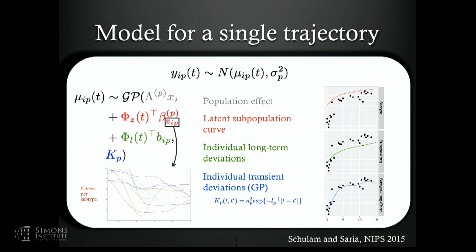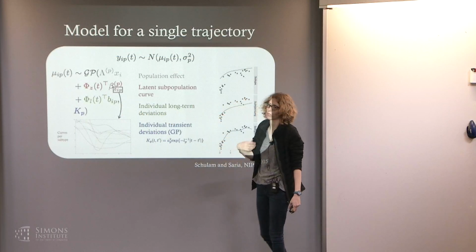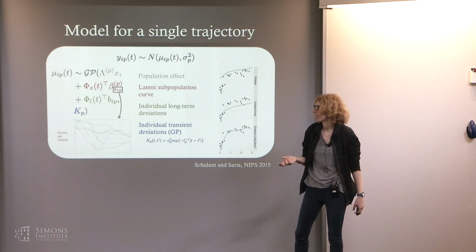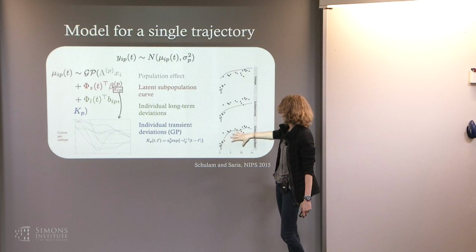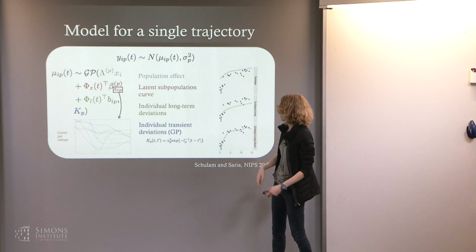It's likely to go down and then up, it's likely to tank, whatever, right? So you're assigned to one of these subpopulations, and there's a subpopulation effect on your curve. And then there's your individual long-term deviation. So like you as a unique individual, how do you deviate from your subpopulation? And then you look at the variance of individual transient effects through a standard kernel.